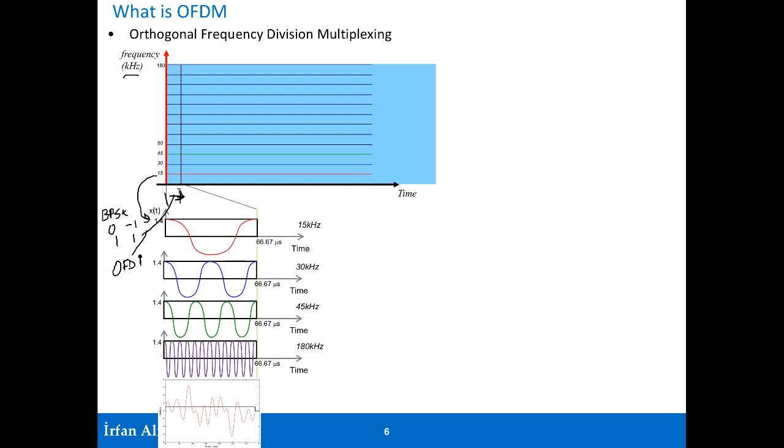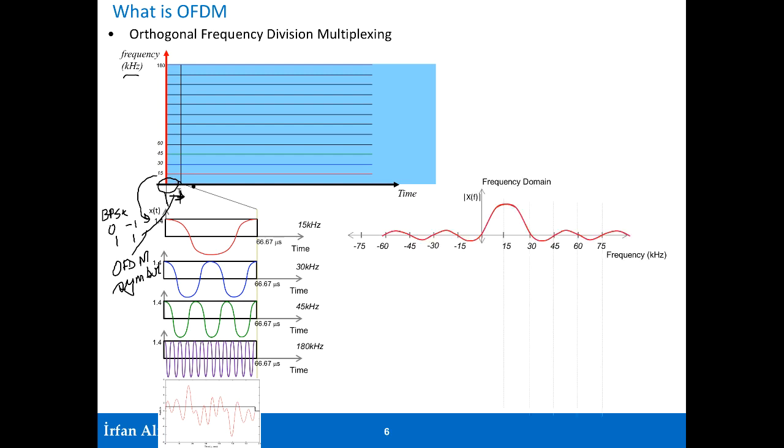So this is your OFDM symbol, which is what you're sending over in the 66.67 microseconds, and it consists of 12 harmonics over here.